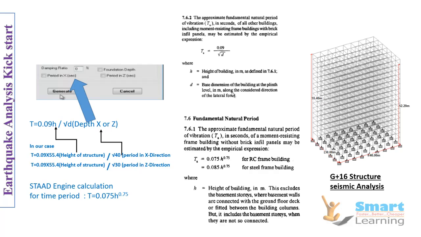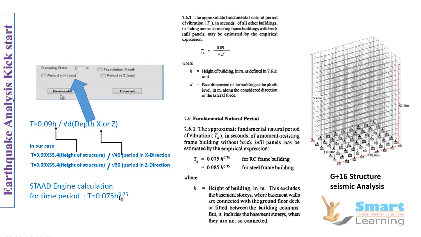And for different structures, you can also calculate the fundamental natural period by using this formula, or STAAD uses this particular formula, and in our case, this is divided by the root over 40 and 30.